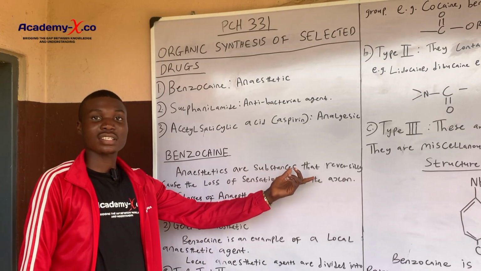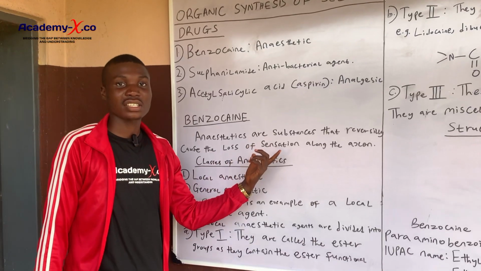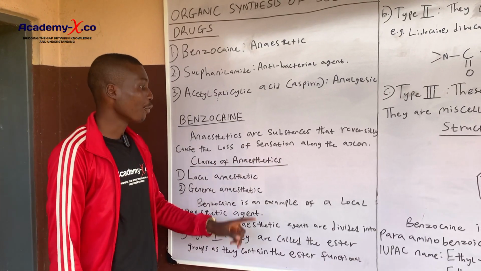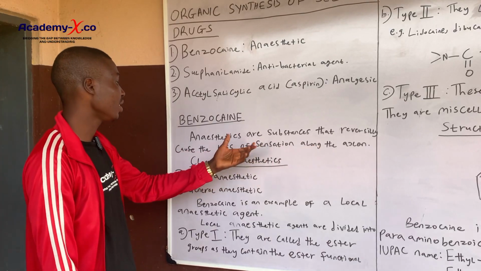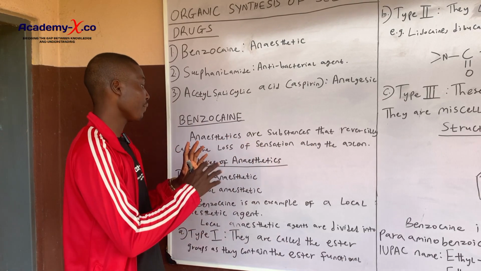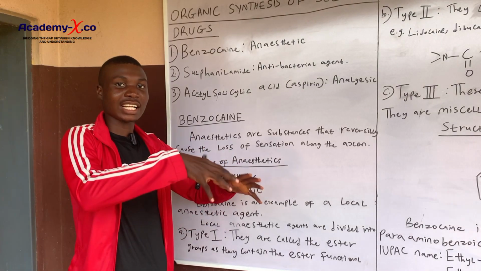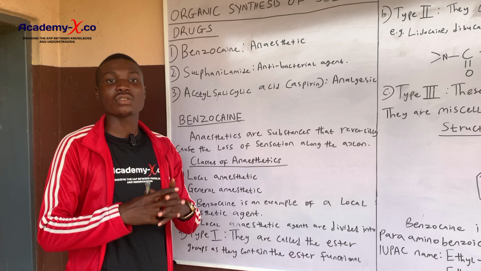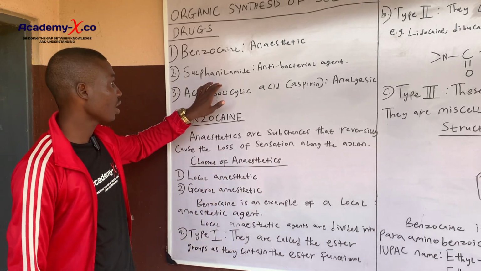Anesthetics refers to substances that reversibly cause the loss of sensation along the axon of the neuron. The loss of sensation instituted by anesthetics makes an individual not feel any form of pain or reaction in the region where the anesthetic is operational, depending on the class of the anesthetic.